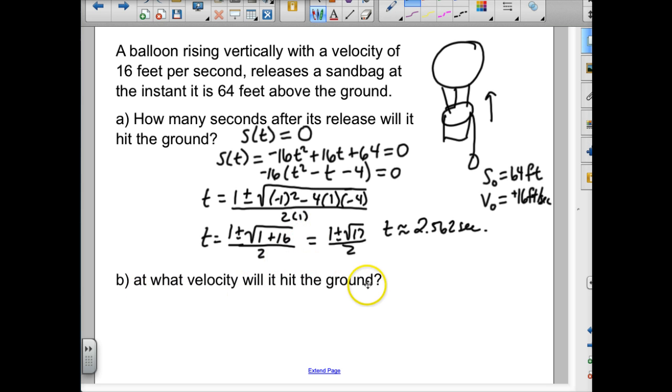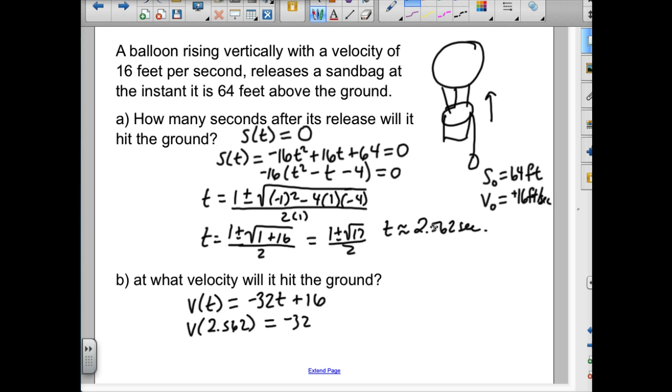And then at what velocity will it hit the ground? So our velocity equation is the derivative of position. So the derivative of negative 16t squared. Yes, we're going to have to be going back and forth between antiderivative and derivative. We want the velocity at 2.562. Now I'm going to double check my calculation there.